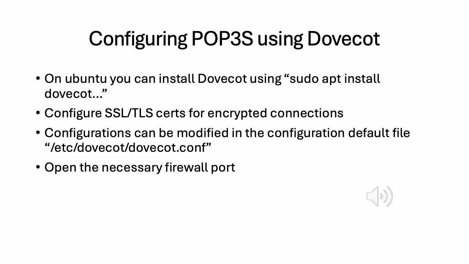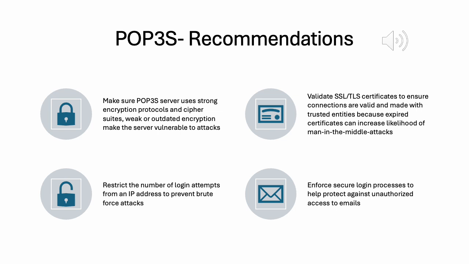securely to the server. In order to maximize security when using POP3S, it's important to follow best practices. First, using strong encryption protocols and cipher suites can ensure that email communications remain secure.